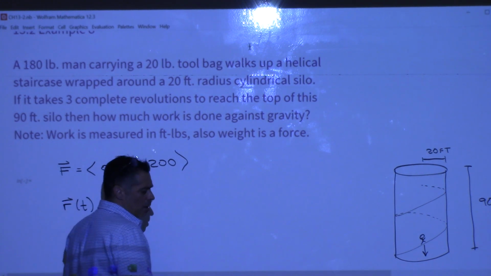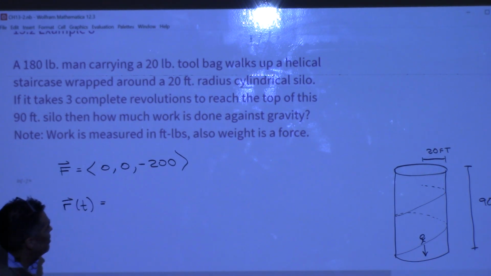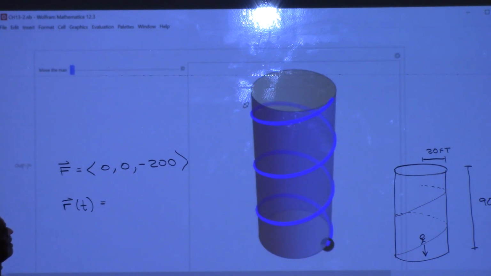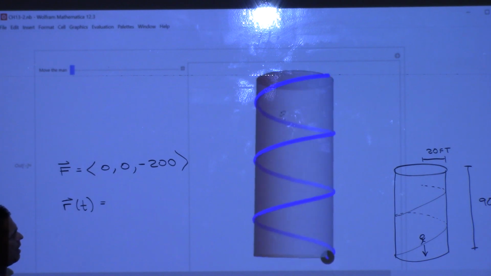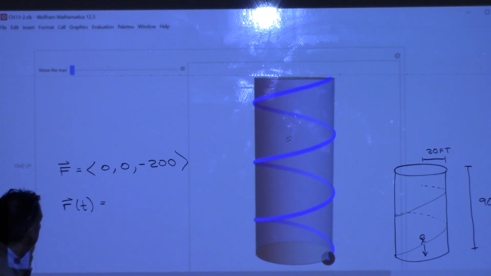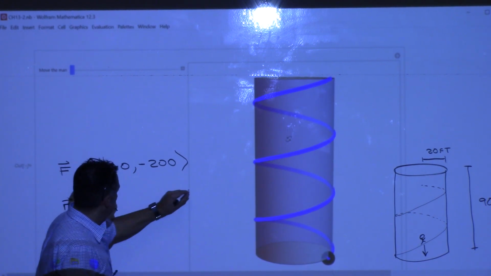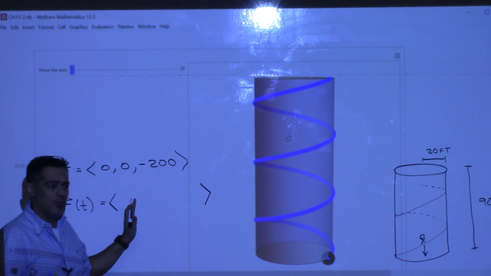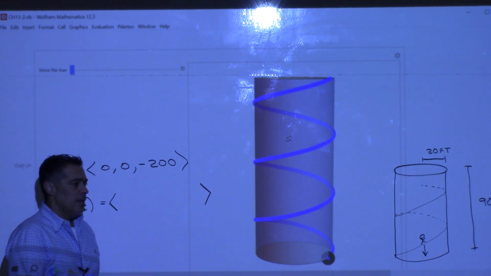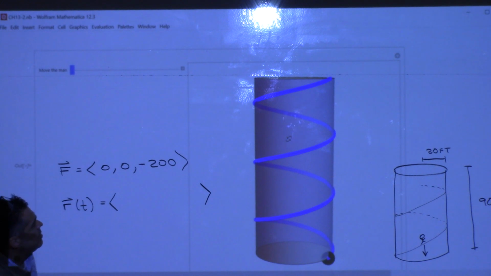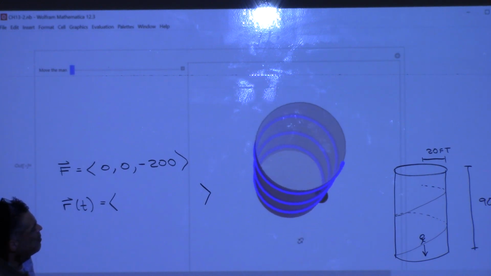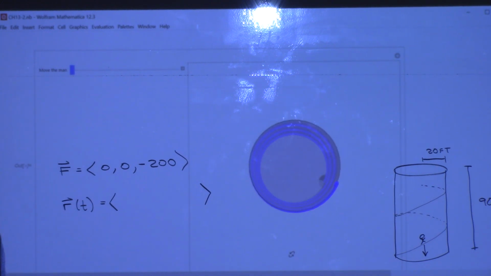Well, let me get my nice picture in here. Here's my picture, right? If we want to draw this blue curve going up the silo, think about it: we need this vector function to have 3 components. 1, 2, 3, right? The x and y components we can think about as if we were looking straight down on this thing, right?